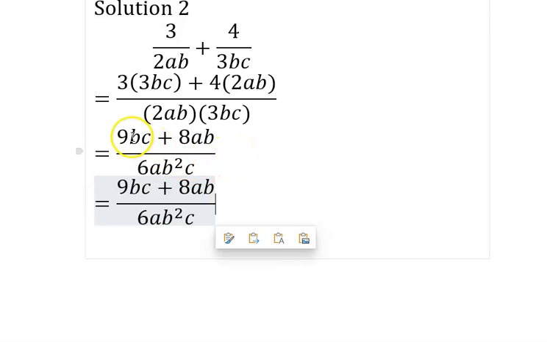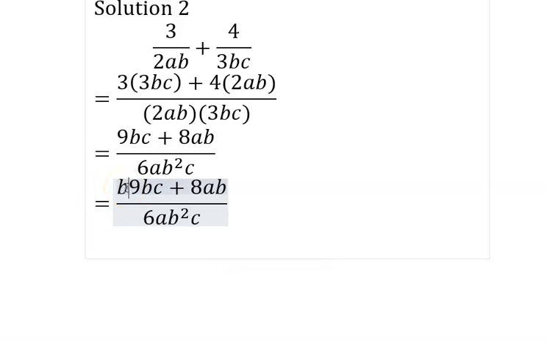Beautiful. So up here we have 9BC, 8AB. We have B here, we have B here. So B is common to both. Up here, B is common. So if you remove B from here, we'll be left with what? 9C. If you remove B from here, which is common, we'll be left with what? 8A.